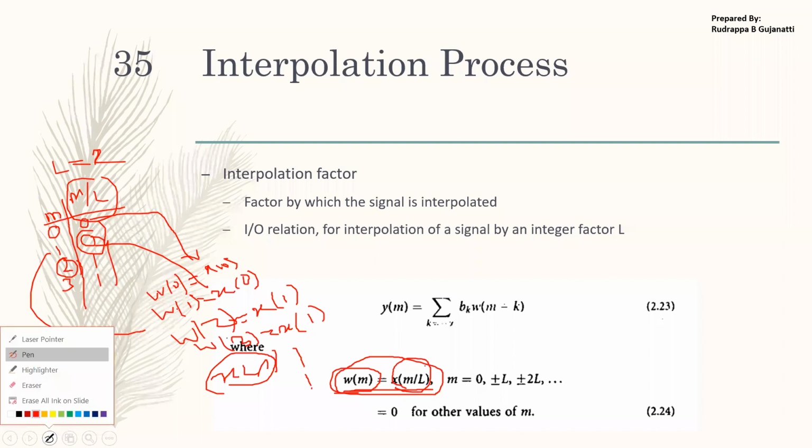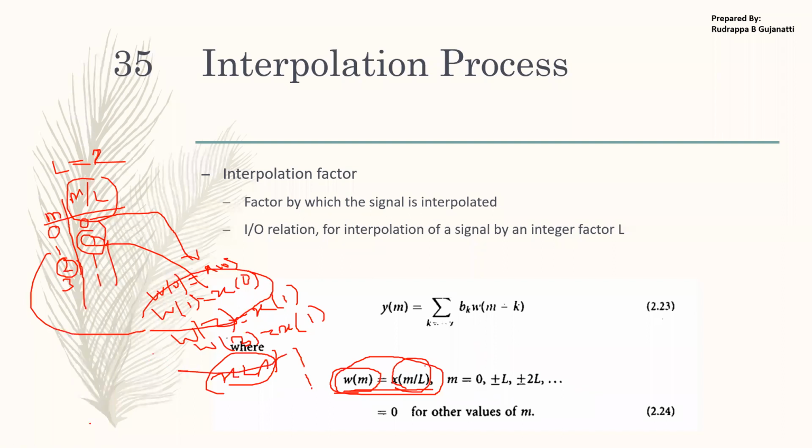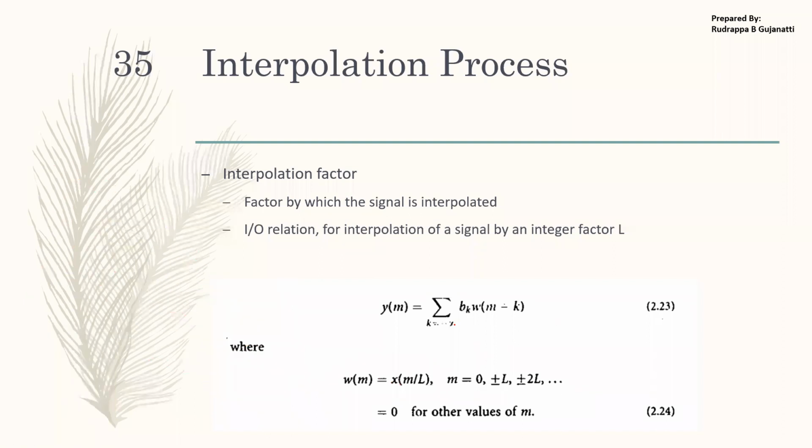So here you can see that you are adding extra sequences. And after this, you pass it through the filter. This is the filter equation where bk is the coefficient, and it is from minus infinity to infinity. Bk are the coefficients, and w of m becomes the input to the filter. So this is the overall interpolated sequence you will be getting.